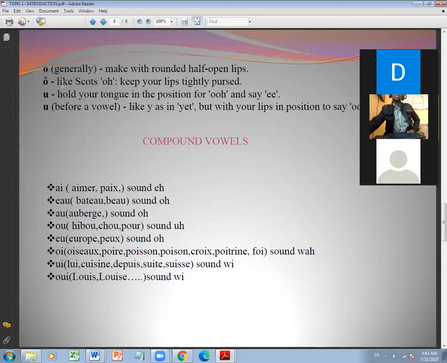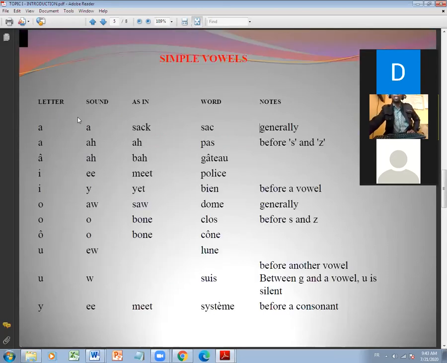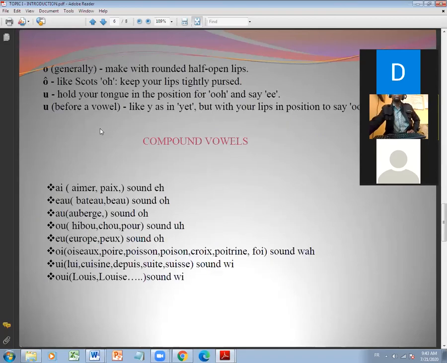So you see this. What I want to talk about here is now these sounds. O is generally made with rounded, half-open lips. Then we have also the O, like Scott, like the word Scott. Keep your legs tightly pressed, okay?